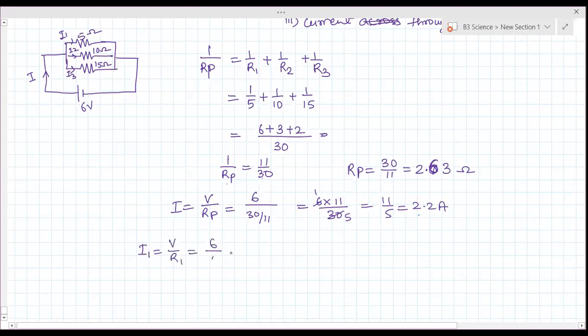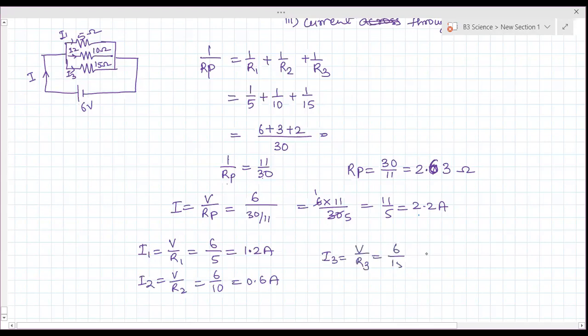V is 6 by R1 is 5, so it is 1.2 ampere. I2 is equal to V by R2, that is 6 by 10, which is 0.6 ampere. And I3 is equal to V by R3, that is 6 by 15, which is 0.4 ampere. Clear? Yes, ma'am.